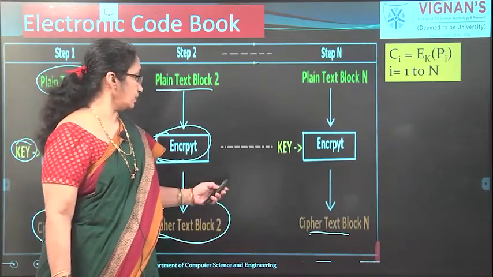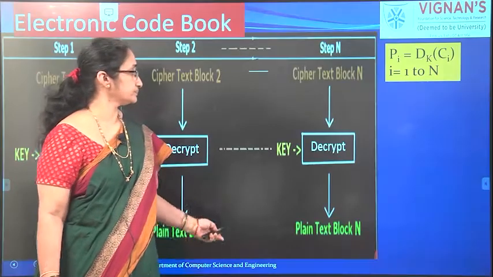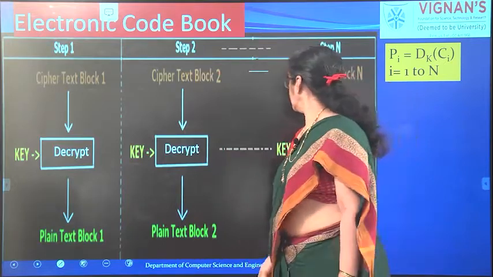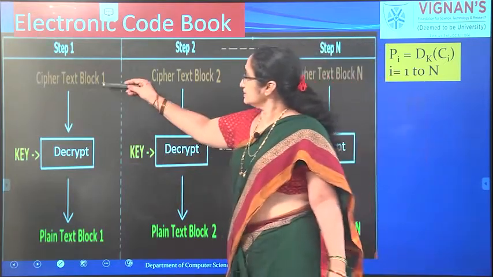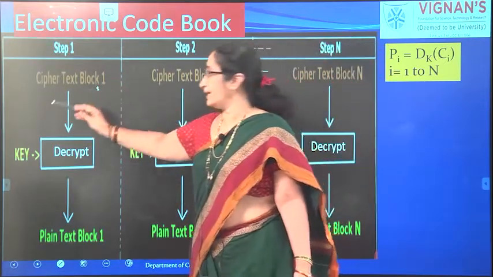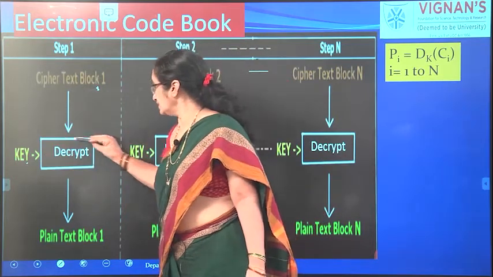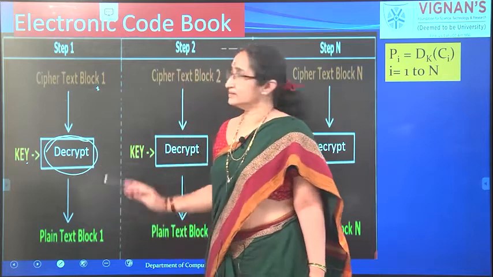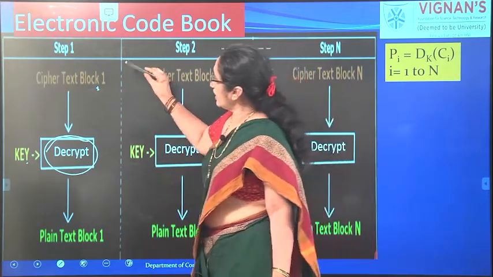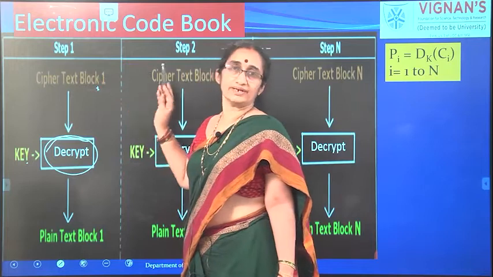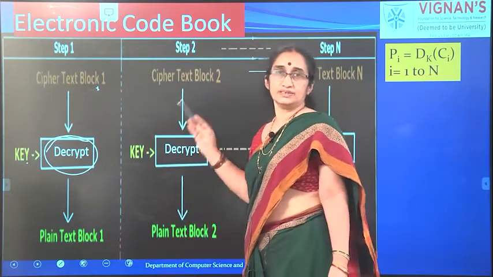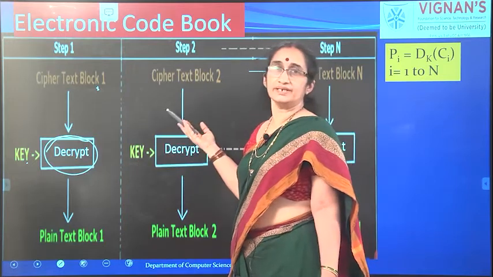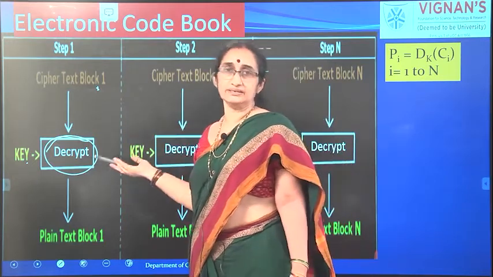Let us see how the decryption will be done. Decryption is the reverse process. You take the ciphertext block and the key as input to the decryption function so that you get back the plain text. The way you divided the plain text, here you divide the ciphertext into blocks of 64 bits if you are using DES, otherwise 128 bits if you are using the AES algorithm.